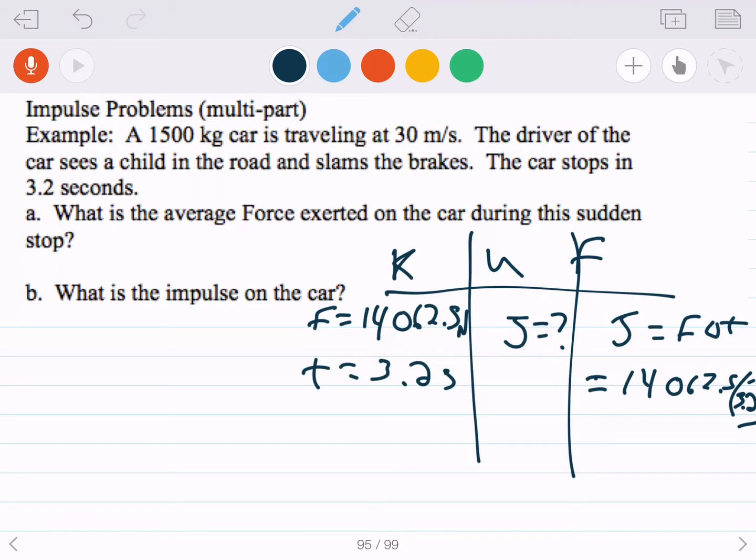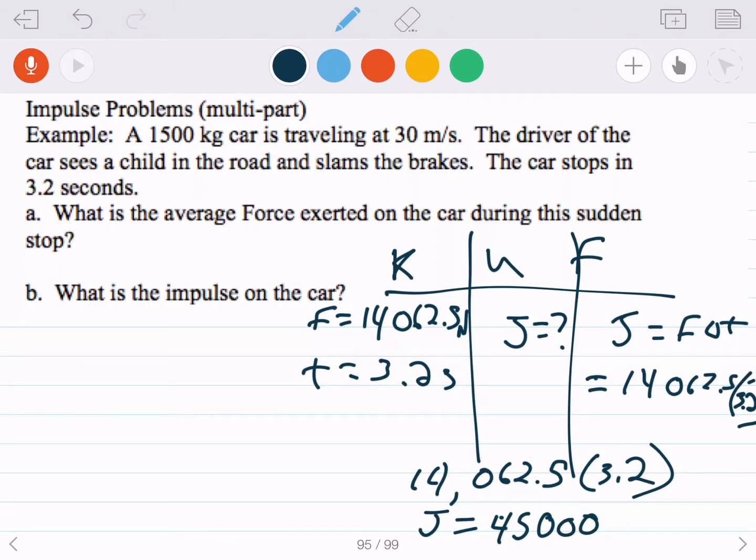Okay? I'm going to rewrite that down here so you can see it: 14,062.5 times 3.2. Plug that in your calculator. It equals an impulse of 45,000 newtons times seconds.